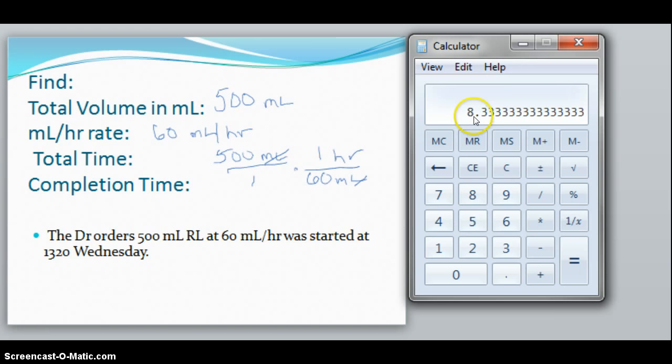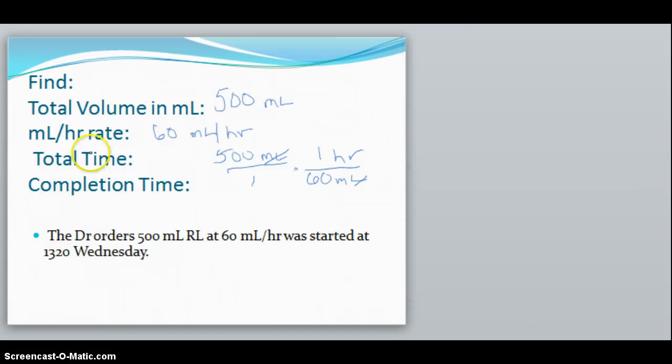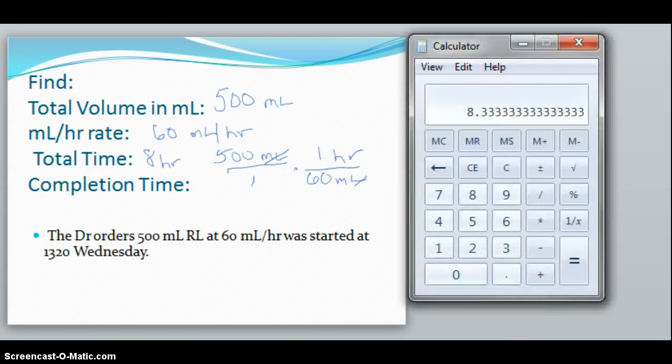That's 8 hours. And so let me go back here to my PowerPoint. Total time so far we know is 8 hours. But then there was the 0.3 repeating on my calculator, which is some amount of minutes. And since our hours don't have 100 minutes, we have to convert that decimal to minutes. So I'm going to do that all on my calculator.